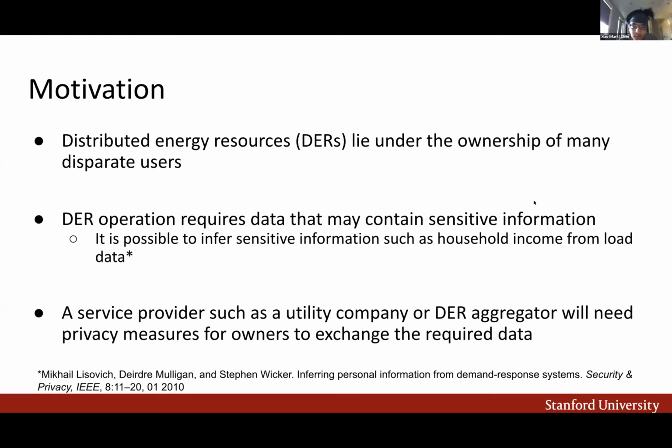So a service provider, such as the utility company or the distributed energy resource aggregator, will need privacy measures for the owners to exchange their required data. Or in other words, before these users upload their data to the cloud service, some third party might need to consider incorporating some privacy manipulation or protection to release the data for downstream tasks.